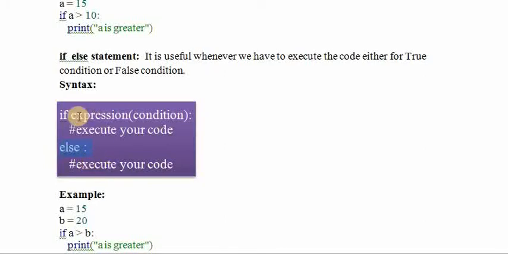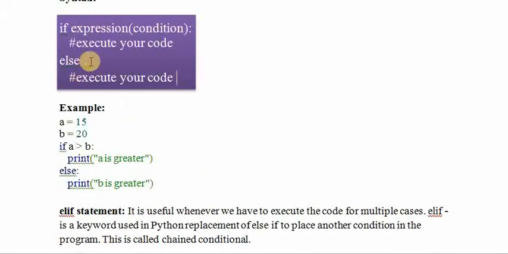In simple words, it will check the condition. If the condition is true, then it will execute this code. If the condition is false, then it will move to else and execute this. Clear? So else is for the false condition.